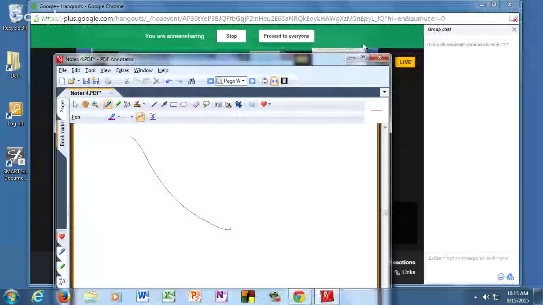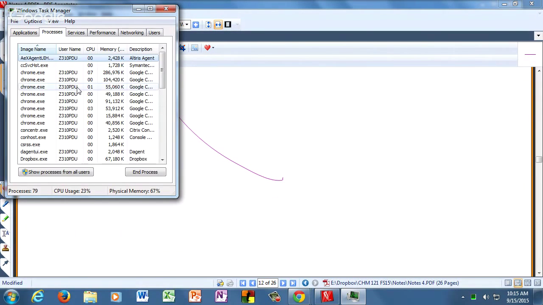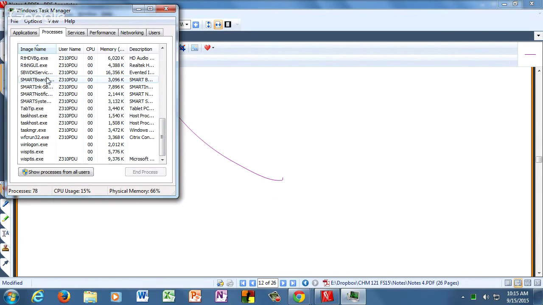So, let's see if I can fix this thing that doesn't seem to want to work. I can end some of these services and restart it. We'll see if it does anything.